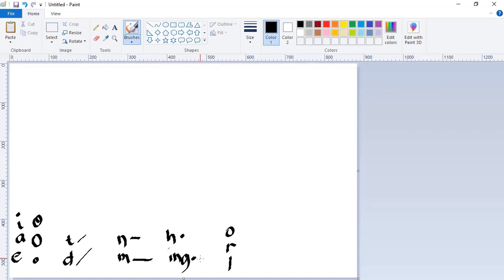So, sabi dyan sa inyong module that the symbols for O, R, and L are short forward under curve, differentiated by length. So, ano po yung tinatawag nilang undercurve? Ganito po yun. Differentiated by the length.